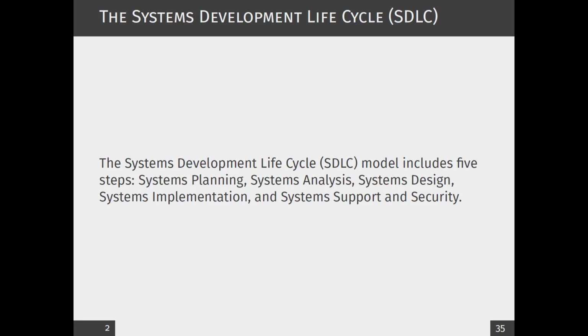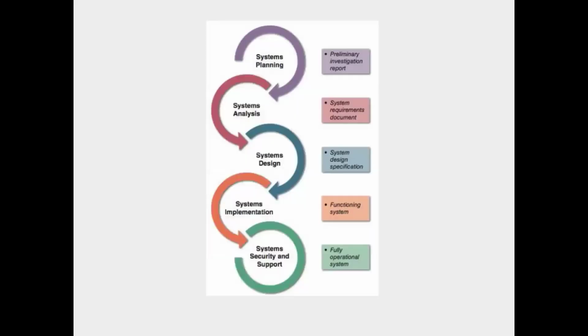Then we have system analysis, system design, system implementation, and system support and security. So these are the crucial 5 stages we need to follow. This graphic will show you each of these steps and its outcome.